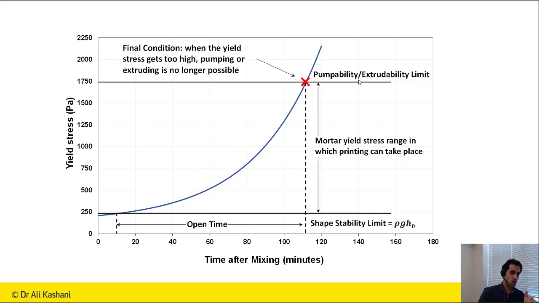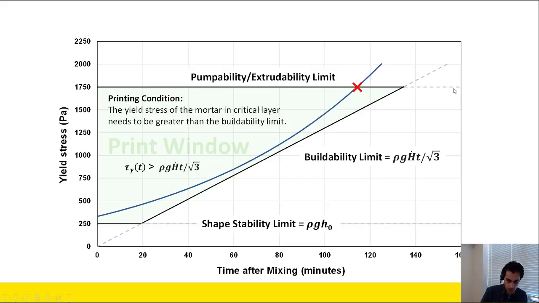But that time starts with adding water. So if the process is a continuous mixing and adding of water as the printing progresses, then you shouldn't have any issue with open time. But the most important thing is the buildability limit.